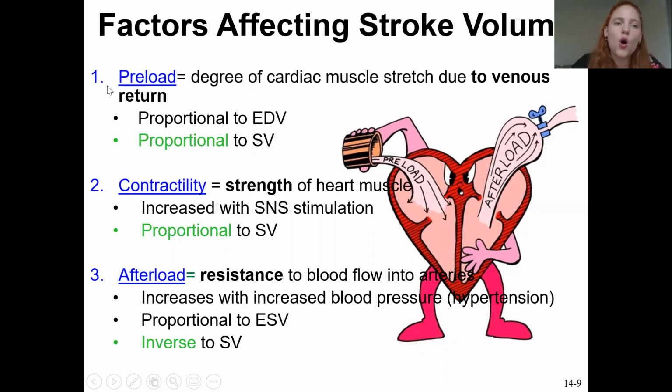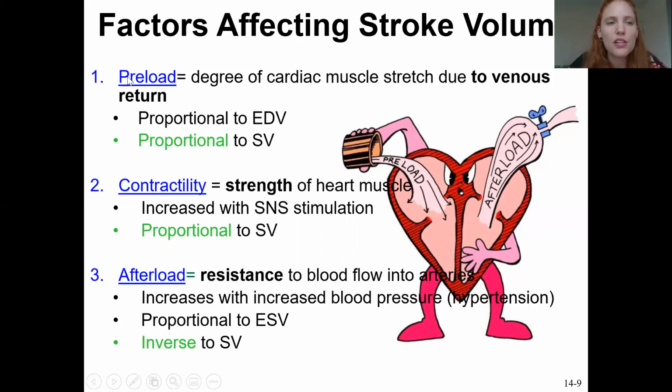So the first one is called preload. Preload is when you take the cardiac muscle and stretch it before you contract, so you're going to cover more distance. If you increase the venous return, the amount of blood returned to the heart from the veins, it has more volume in there, that will stretch the cardiac muscle a little bit, which will cause it to contract a greater distance, and that'll create an increase in stroke volume.